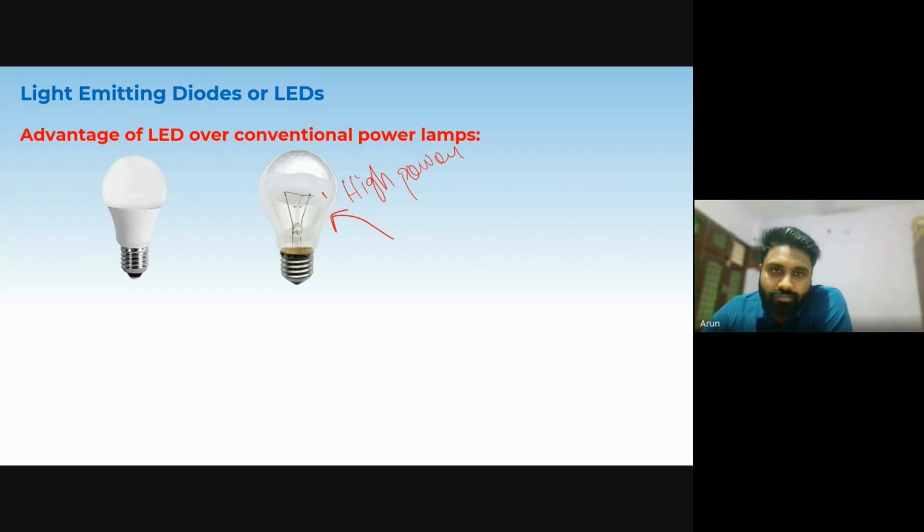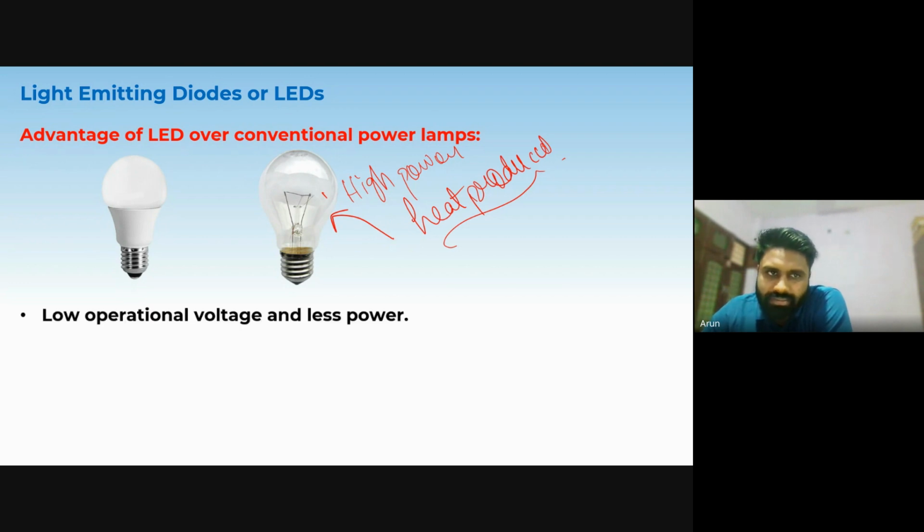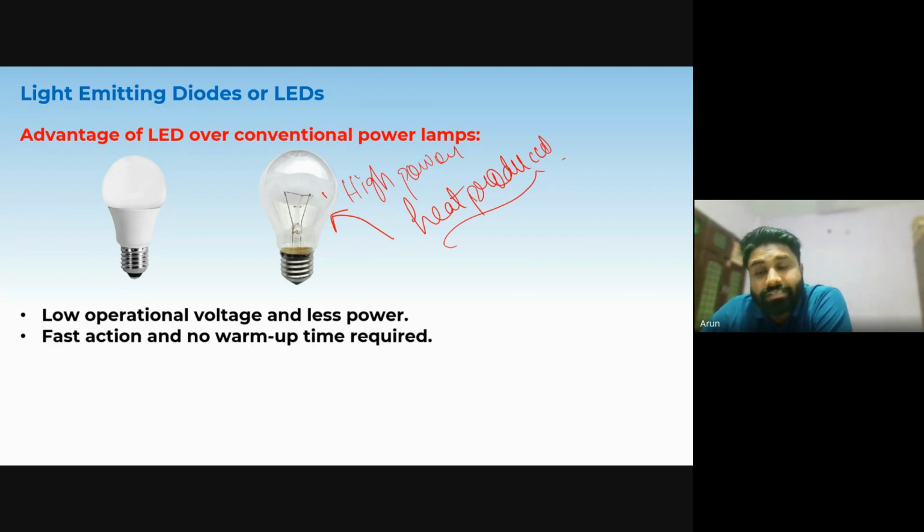Okay. दूसरा, it will generate हीट प्रोड्यूस करता है. ठीक है, but this LED is a low operational voltage. ठीक है, and less power. इसमें फास्ट एक्शन होता है तुरंत से, एकदम से. ठीक है, वार्म अप, कोई वार्म अप टाइमिंग रिक्वायर्ड नहीं होती.